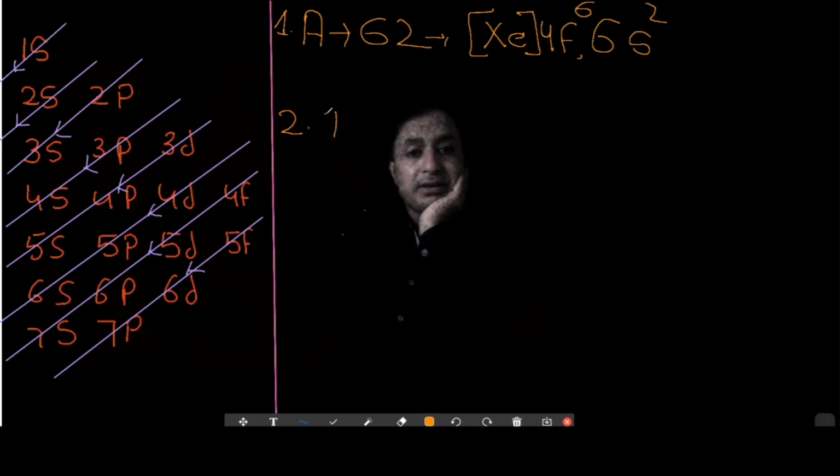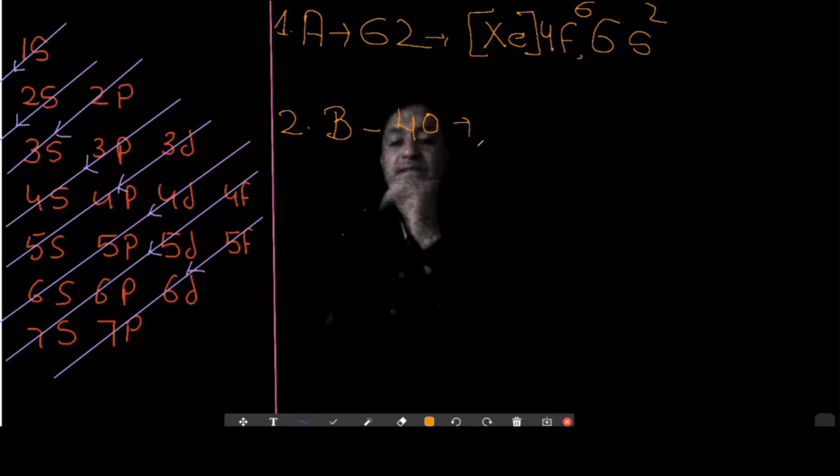Suppose we consider any element B with atomic number 40. Now before 40, which noble gas is there? Before 40 there are noble gases you all know: helium, neon, argon, krypton. Krypton has atomic number 36.